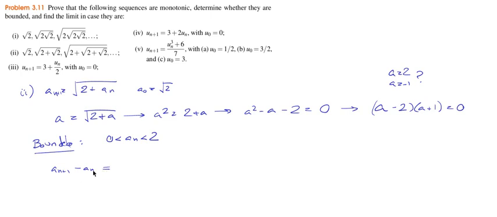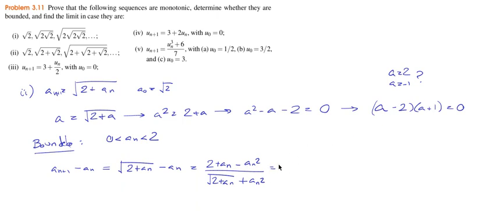a sub n plus 1 minus a sub n. a sub n plus 1 is the square root of 2 plus a sub n, minus a sub n. And just like before, we multiply and divide by the conjugate, so this is 2 plus a sub n minus a sub n squared, over the square root of 2 plus a sub n plus a sub n. And as you can see, this is the same as the previous polynomial, but with the sign different, but it doesn't change.